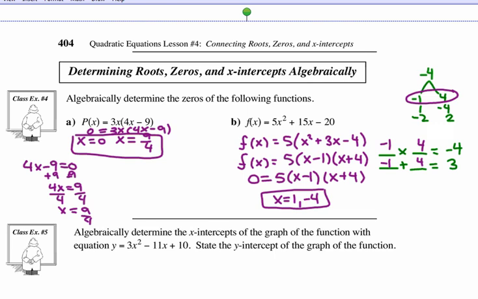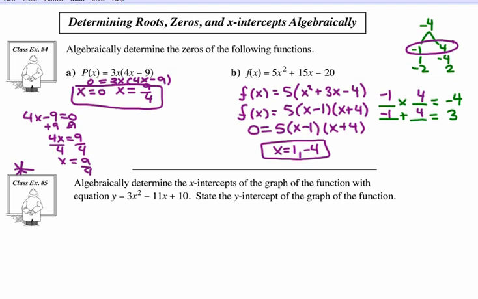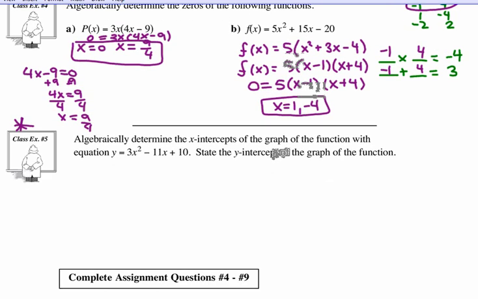Okay, this is an important question. Algebraically determine the x-intercepts of the graph. State the y-intercept of the graph as well. Okay, how would we get the x-intercepts? x-intercepts is the same thing as what?